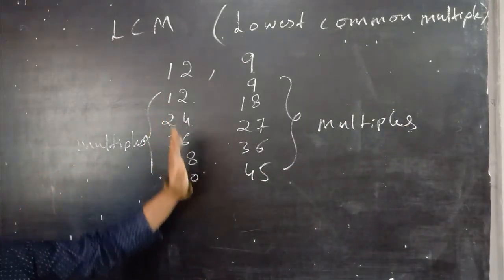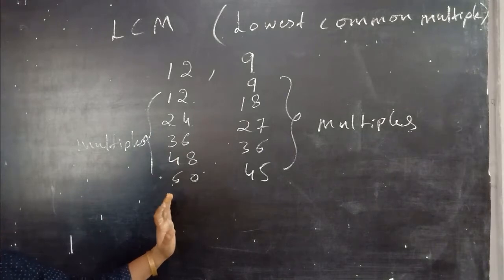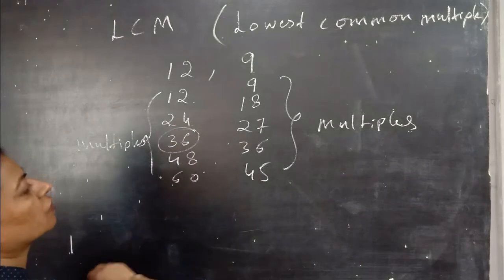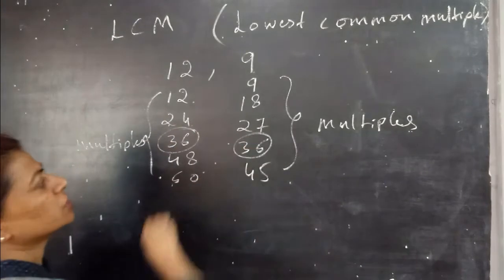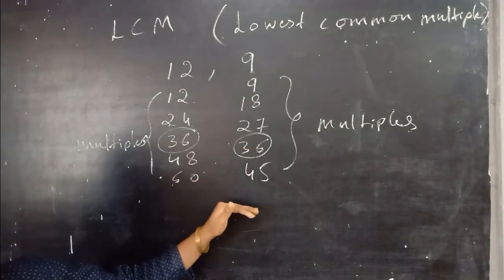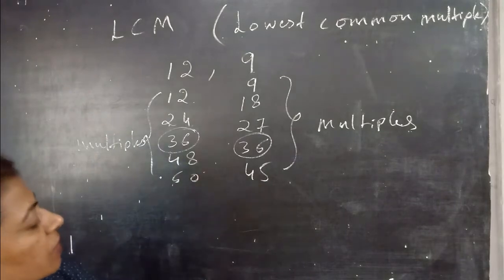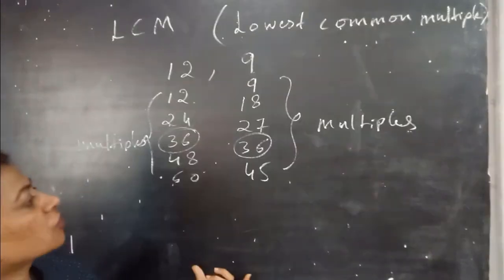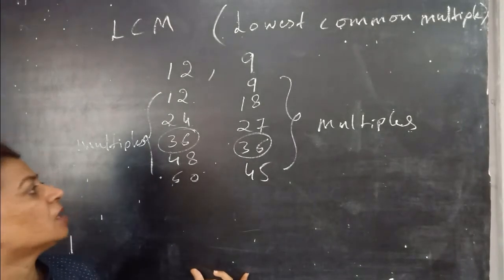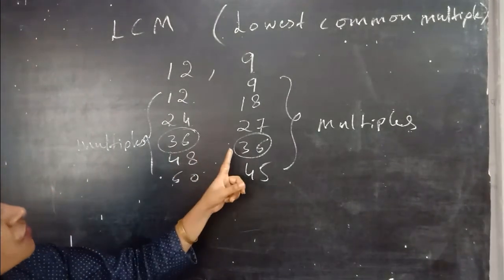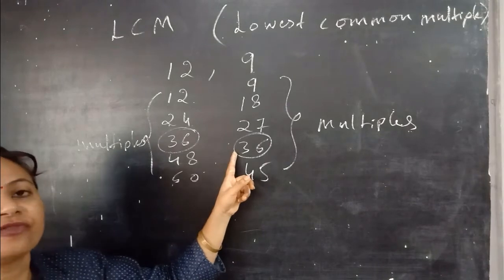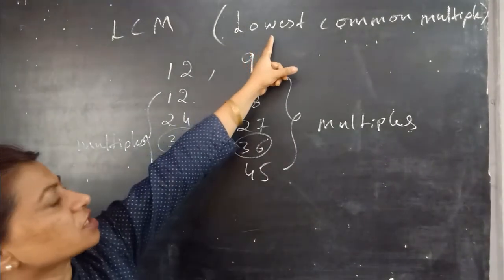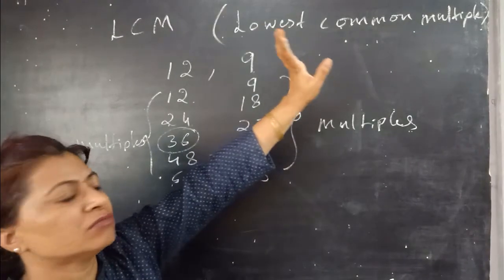Now let us take the common multiple out of these. We observe that 36 comes in the table of 12 and also in the table of 9. If we proceed with the tables, you can find some more numbers which are common in both of them. Out of these, the first common one you get will be considered the lowest common multiple.